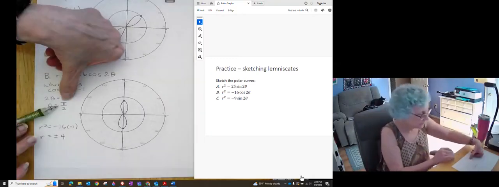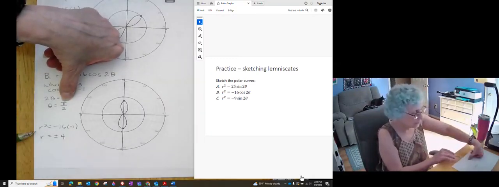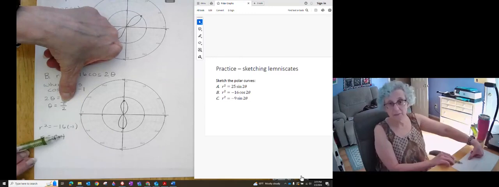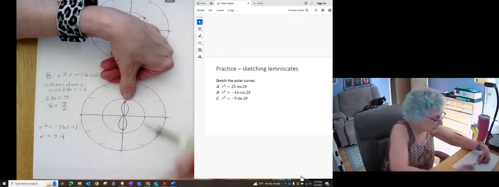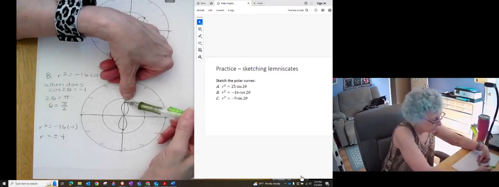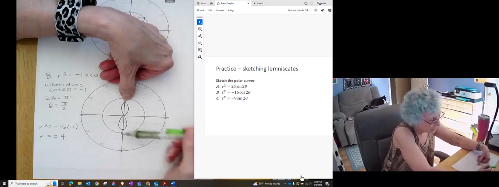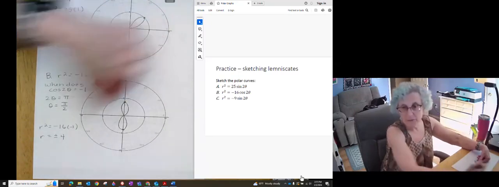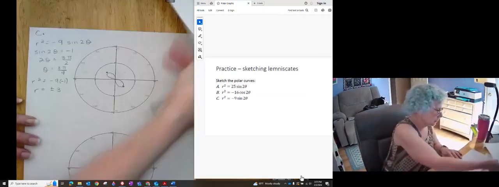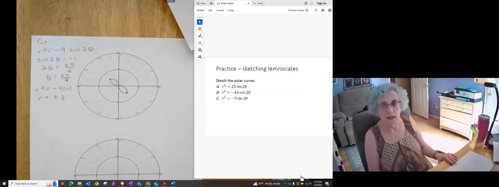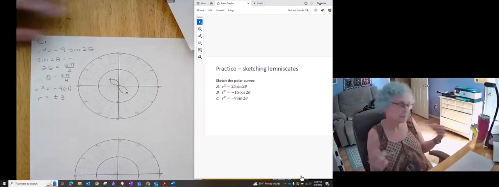Okay, so if theta is equal to pi over 2, r squared is negative times negative gives me positive 16. So I can take the square root. So at pi over 2, we have positive 4 and negative 4. Draw in the loop-de-doos. C, I needed sine to be negative 1.